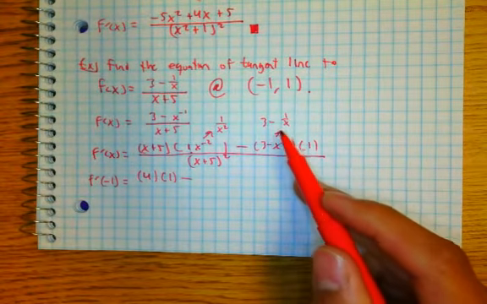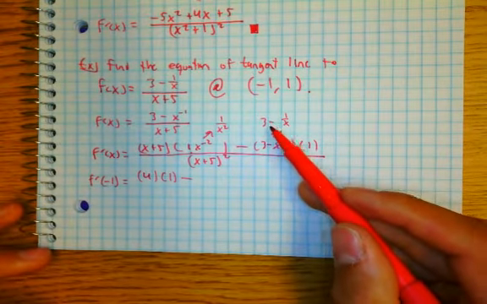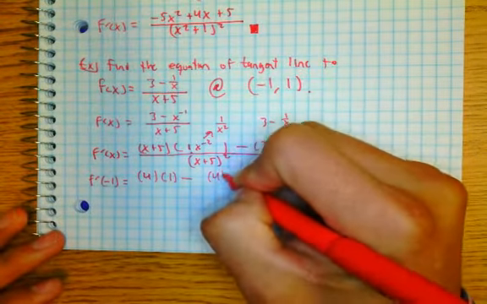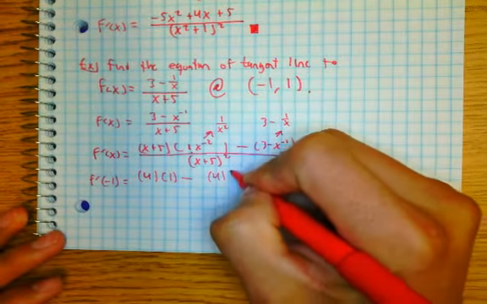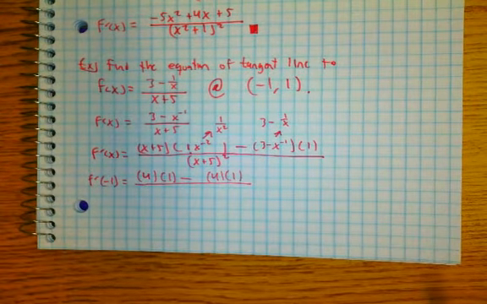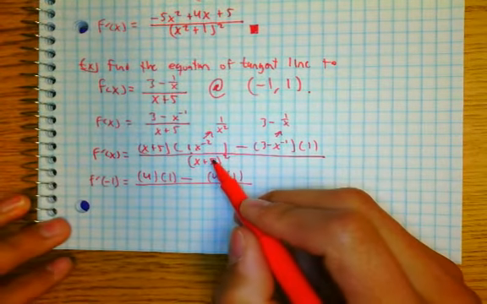All over negative 1 plus 5 is? 4. Squared. So I hope that by now you're noticing that this is 0 over 16. Right? Which means that your slope is 0.